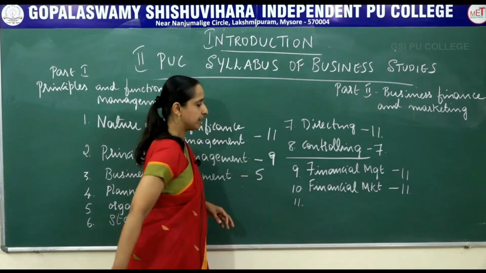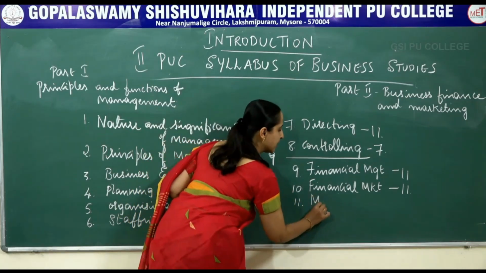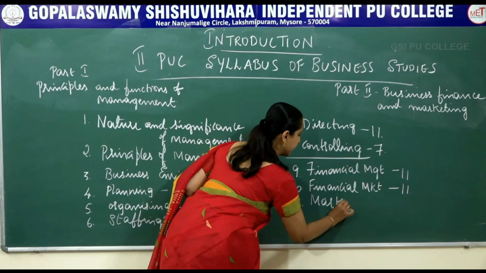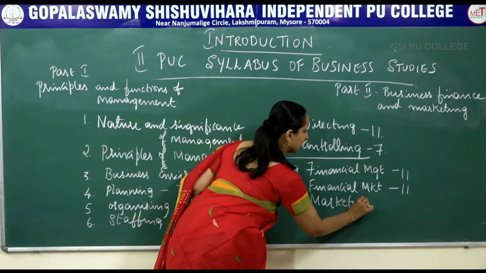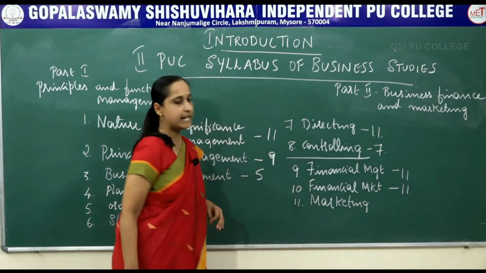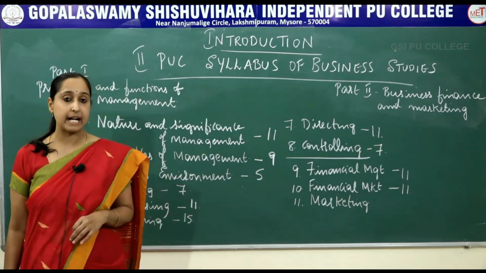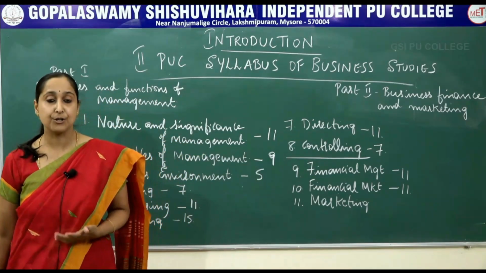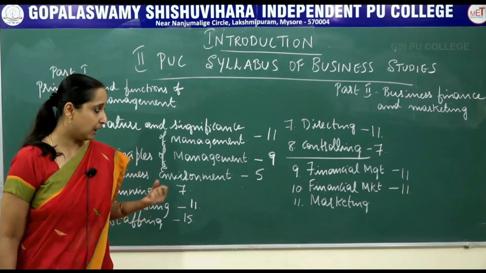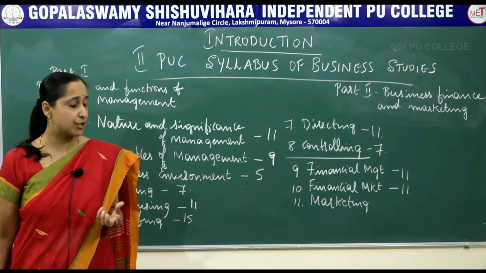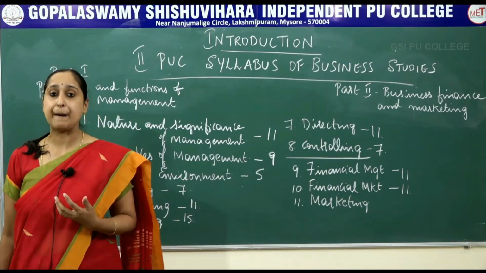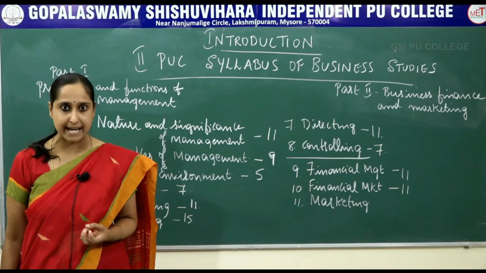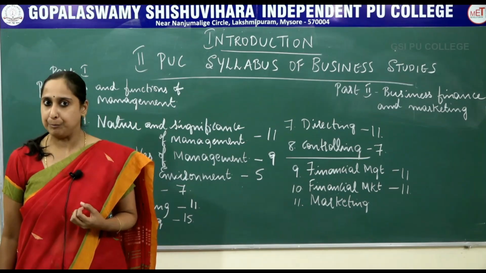The 11th chapter, which is one of the most important chapters, is marketing. Marketing gives you the idea about the various functions of marketing. You have the meaning of marketing, functions, and marketing mix, that is product, price, promotion and place.